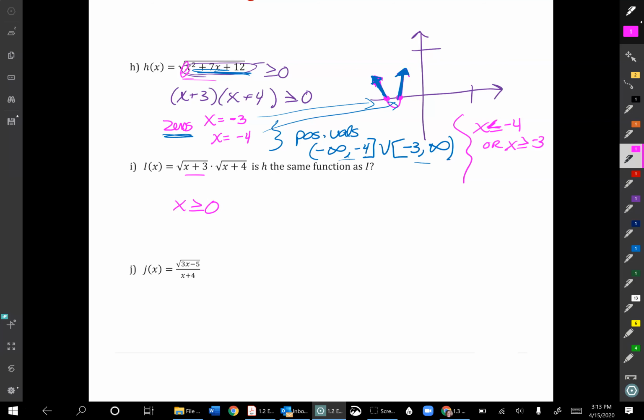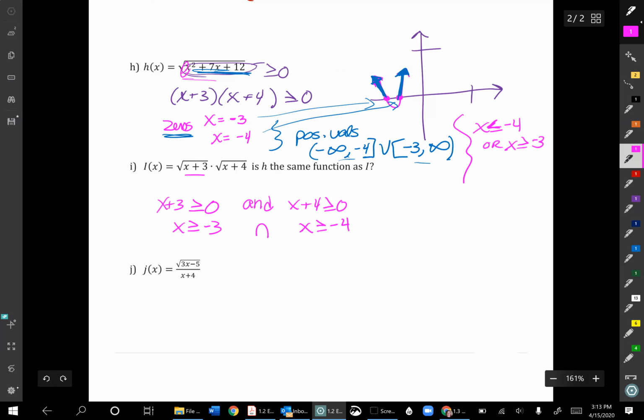So, x plus 3. So I'd have x greater than or equal to negative 3. That's what I would have to have. And I would also have to have x plus 4 greater than or equal to 0 in order to get the positive. So I would have x is greater than or equal to negative 4.